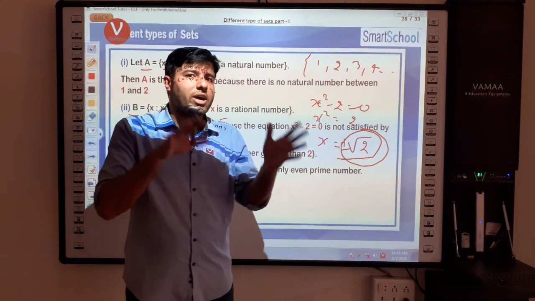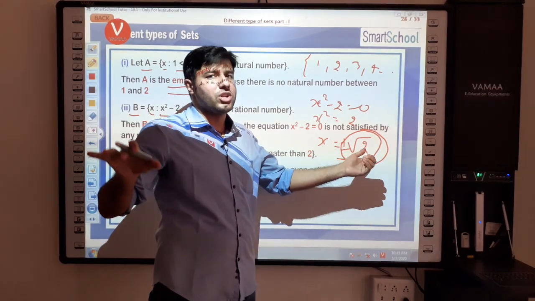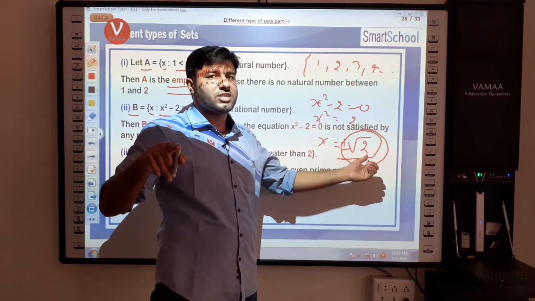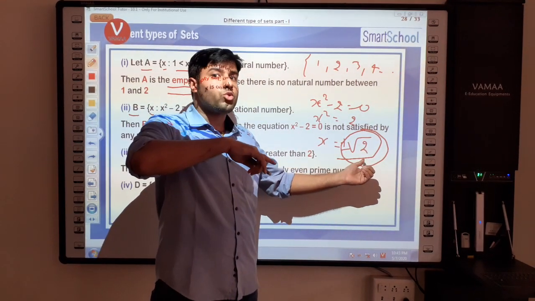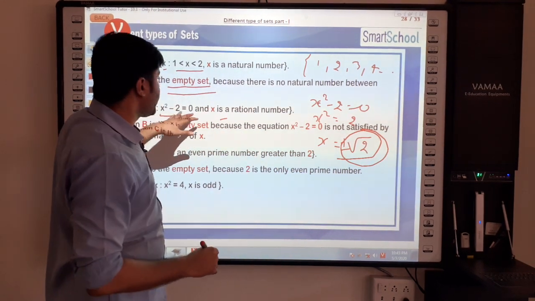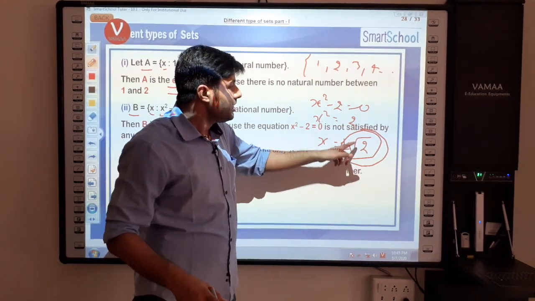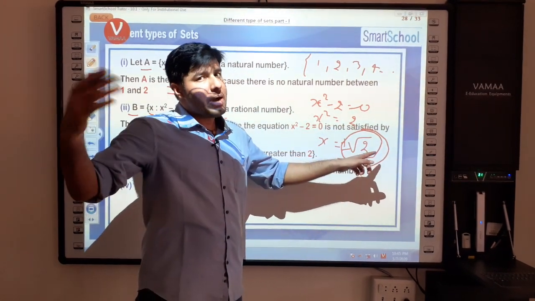Under root 2, when you studied in class 9th about rational and irrational numbers, you were taught that the square root of a non-perfect square number is an irrational number. And 2 is a non-perfect square number. So the square root of 2 will be considered an irrational number. According to this equation, x squared minus 2 equal to 0, the elements we are getting are plus root 2 or minus root 2.